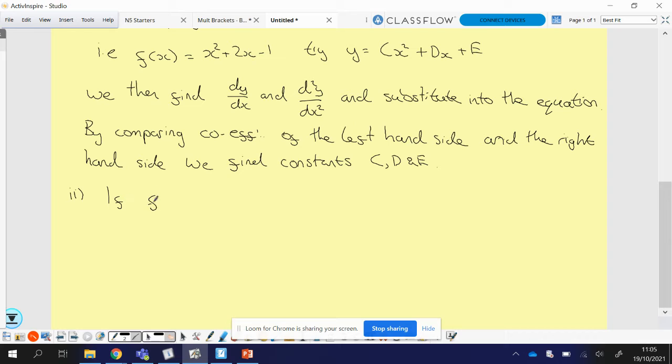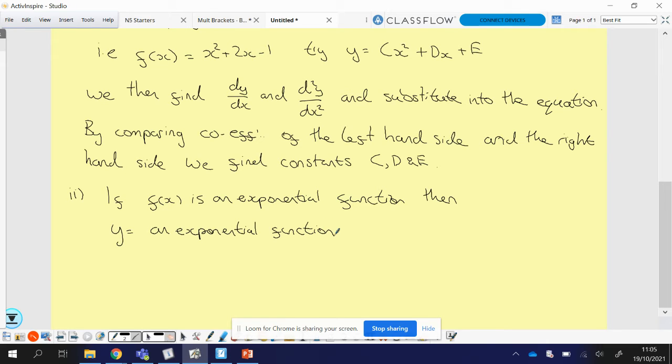So if f of x is an exponential function, then our function y that we'd match would equal an exponential function of equal power.